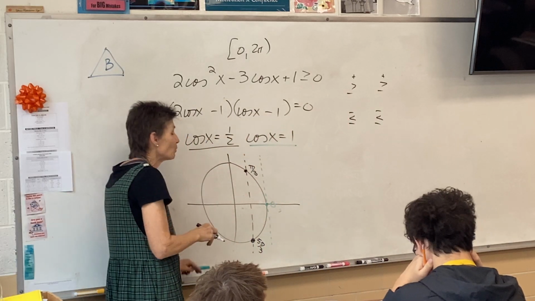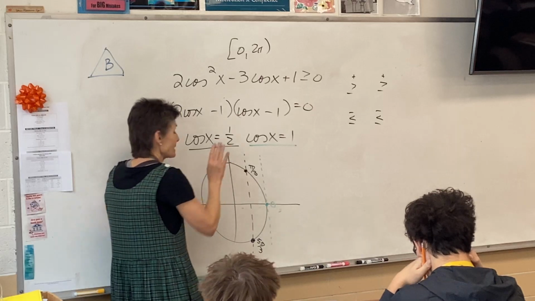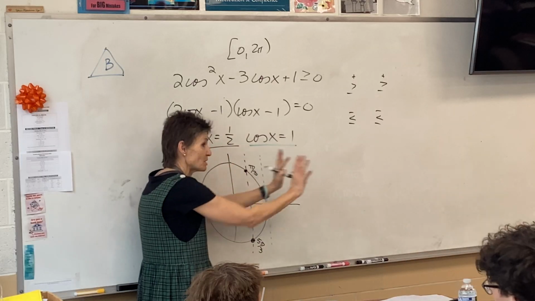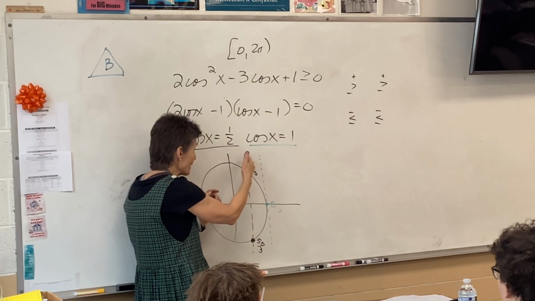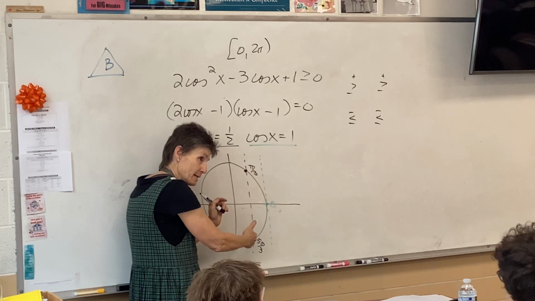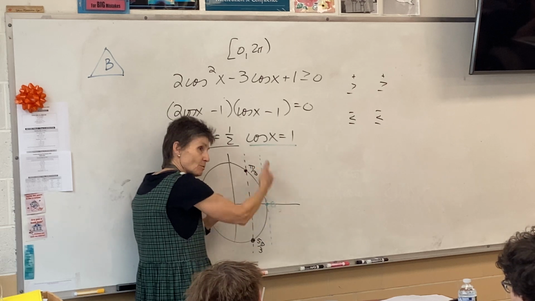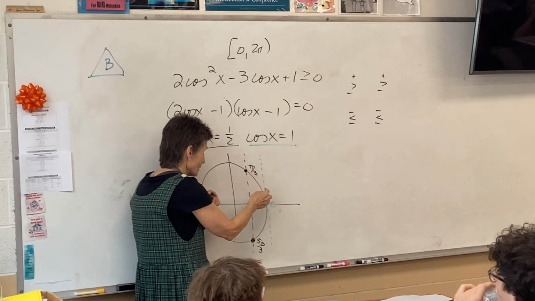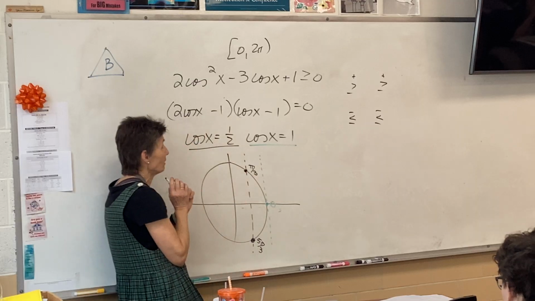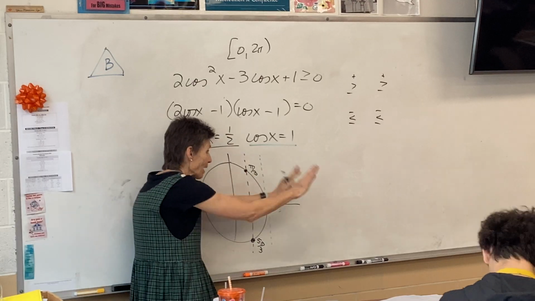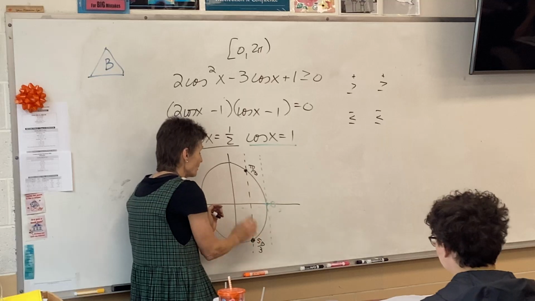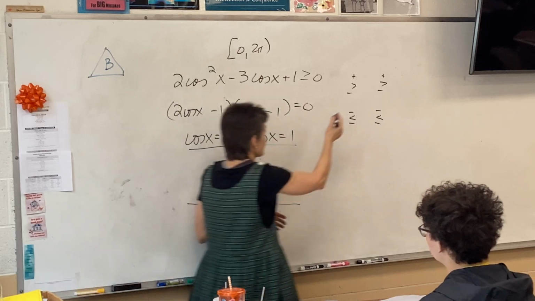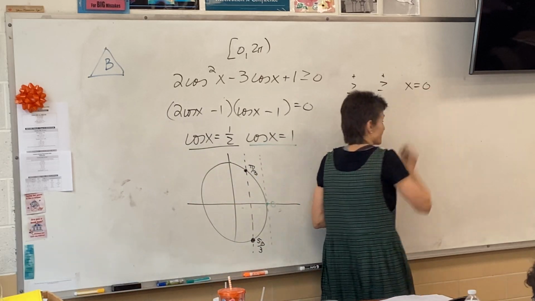So if they are both greater than, then that means I have to be to the right, talking about x's, cosines, going this way, I have to be greater than my black line, and I have to be greater than my green line. So I'm shading here, and I really don't need to shade except the point itself. So what would be, if I went that way, but with both of them, what would be bigger than black and bigger than green? Just 0. So the answer to this bigger than is just 0.